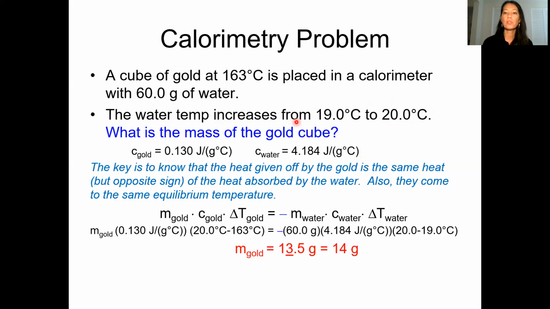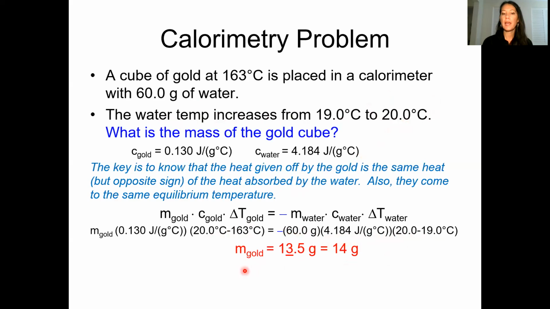Because the water goes to 20 degrees in the end, that means both of them do. So for the gold part, T final minus T initial is 20 minus 163. Then go to the other side, minus MCΔT for the water. You plug in 60 grams for the water, the specific heat, and now it's 20 minus 19.